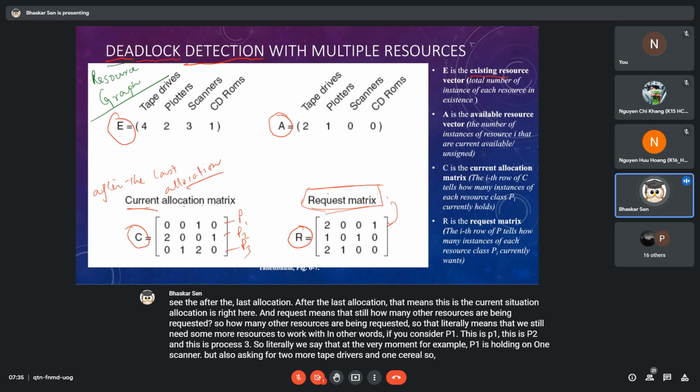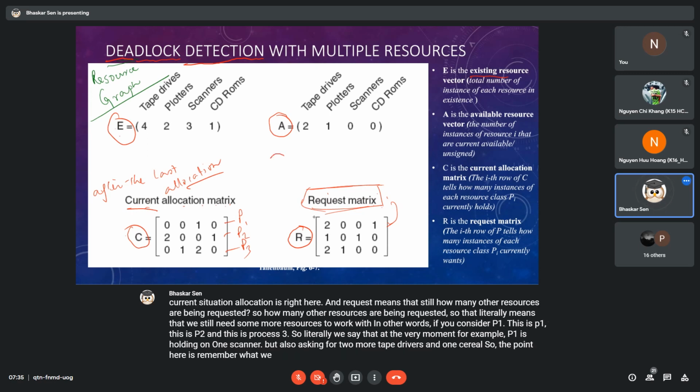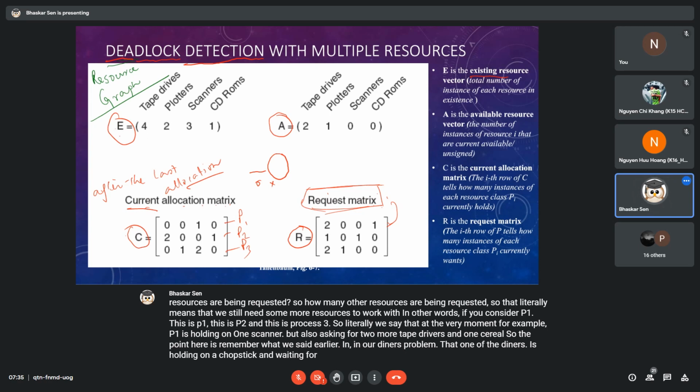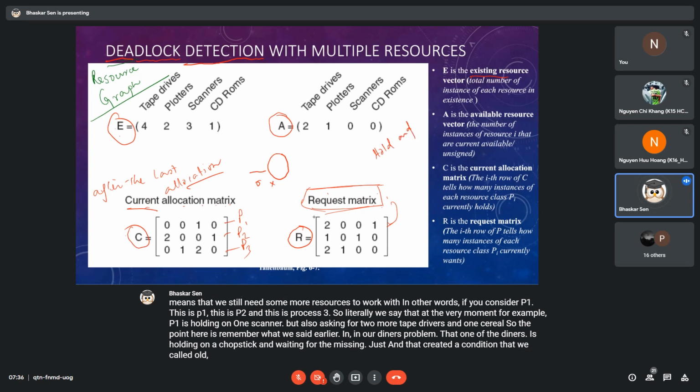So the point here is, remember what we said earlier in our diners problem, that one of the diners is holding on to a chopstick and waiting for the missing chopstick. That created a condition that we called the hold and wait condition, which was the beginning of the problem.